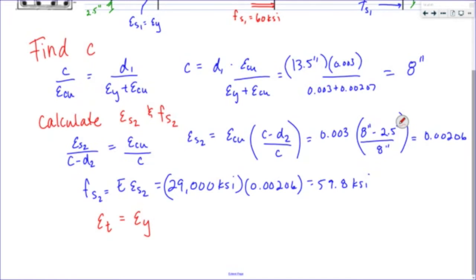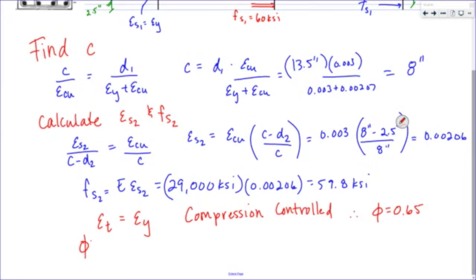But since there's only one layer, epsilon T is equal to epsilon y, because it's equal to the strain in the extreme tensile, and there's only one layer. So that means we're still at compression controlled. We're right on the cusp between compression controlled and transition, right? So phi is still equal to 0.65.